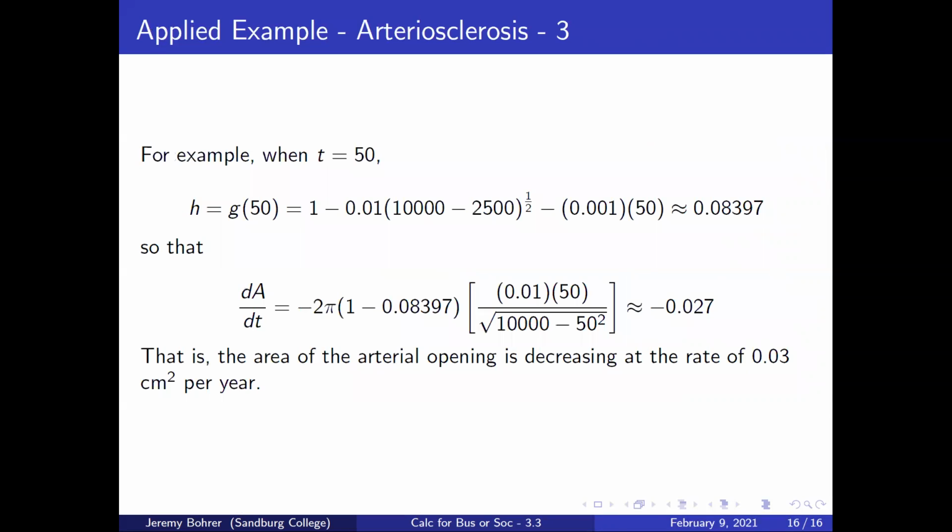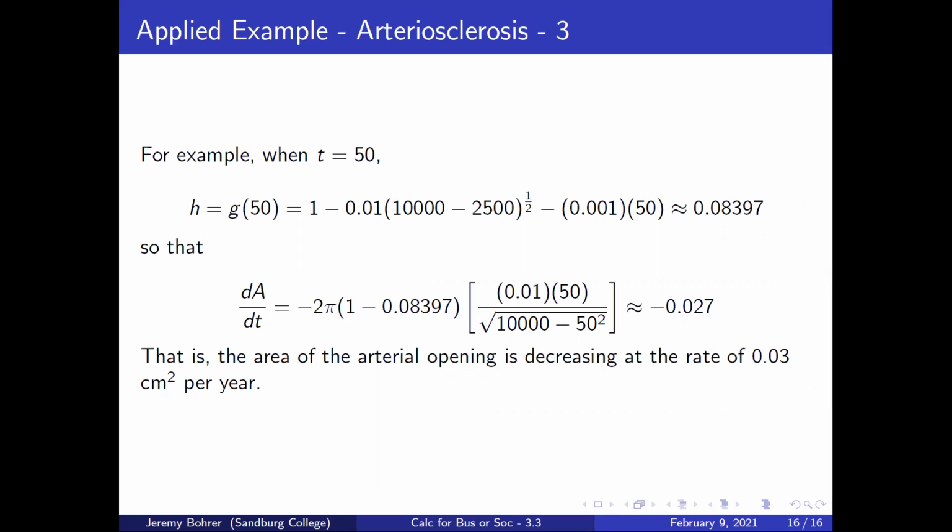For example, when t = 50, h = g(50) = 1 − 0.01(10,000 − 2,500)^(1/2) − 0.001(50), which is about 0.08397.